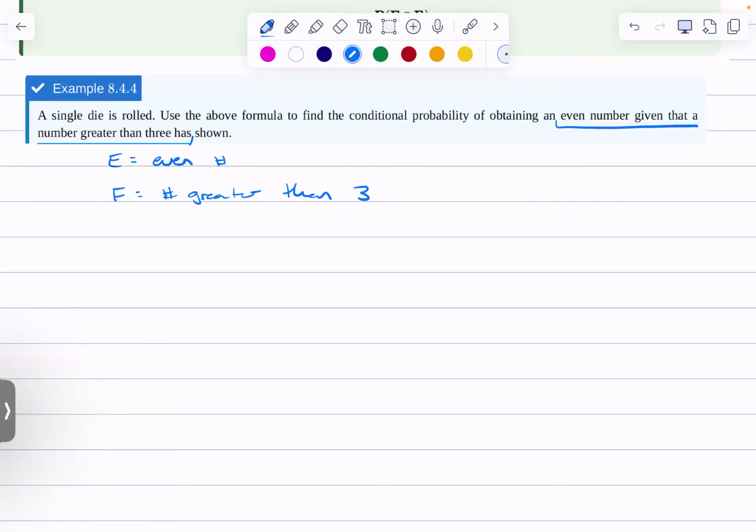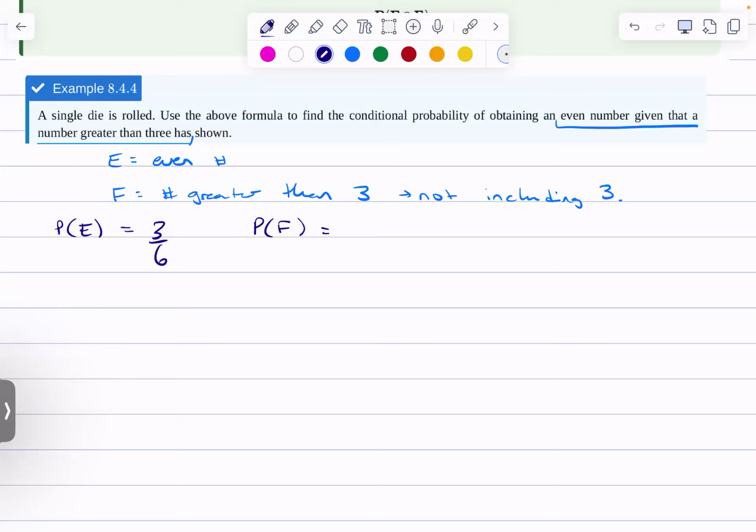We already said that we know the probability of E, an even number out of 6: 2, 4, 6, that's 3 out of 6. And the probability of F, a number greater than 3, and I'm going to clarify not including 3, because that can be confusing.